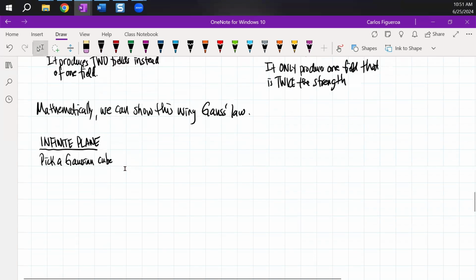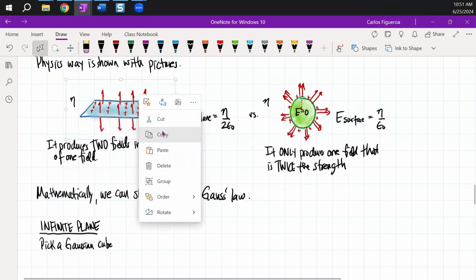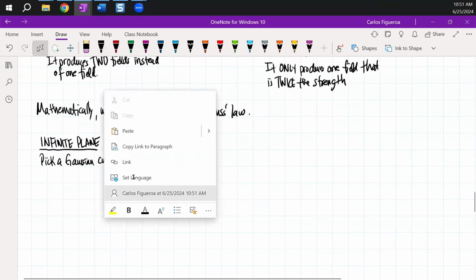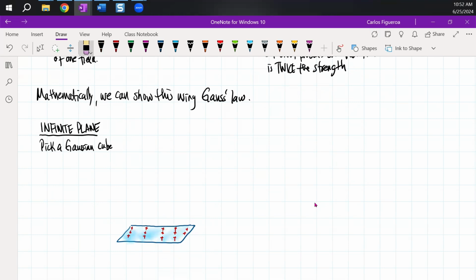So then I'm going to take my field. Let me see if I can take this with me. I'm just going to modify this a little bit right now. So then I have my field here.